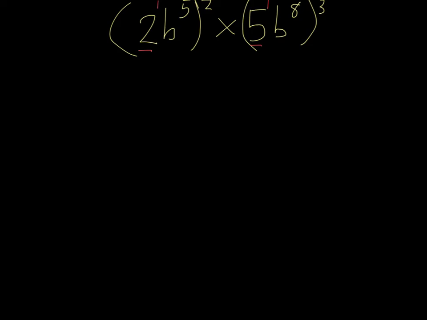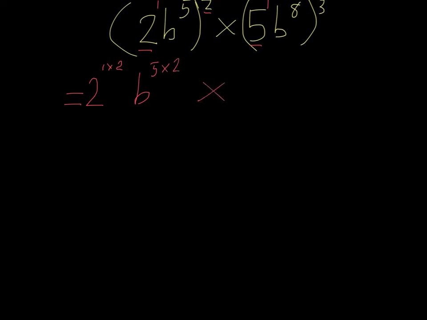So let's try and expand it by raising the first brackets all to the power of 2. So let's do that in red. So that's going to be equal to 2. You can see that 2 is to the power of 1, so it's going to be 1 times 2, using that index law of raising a power to a power. And then it is going to be b to the power of 5 times 2.